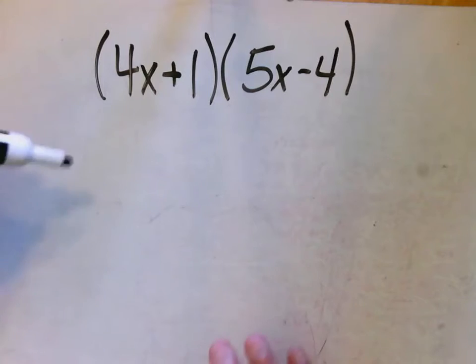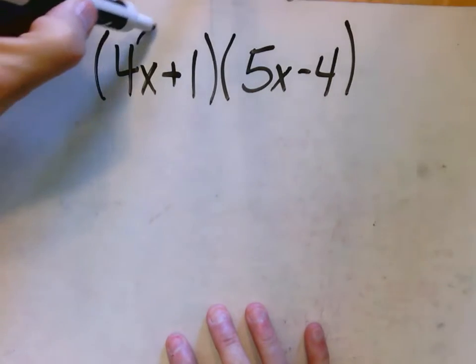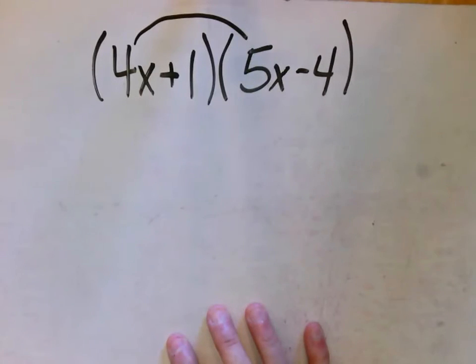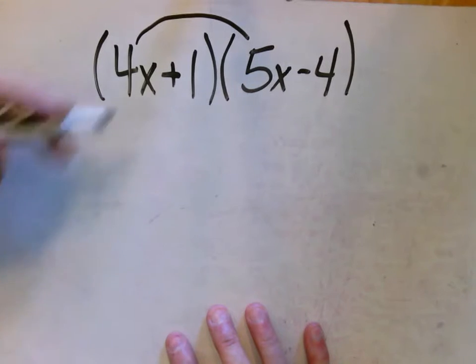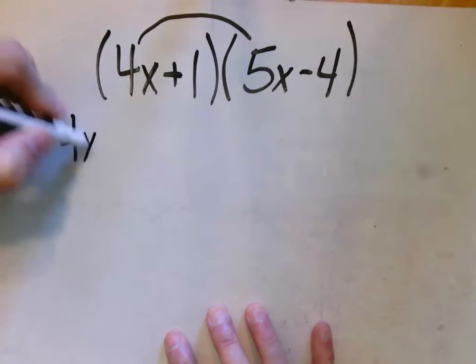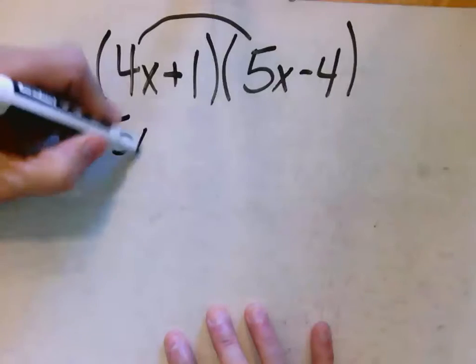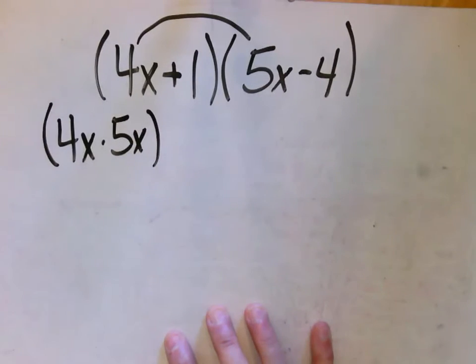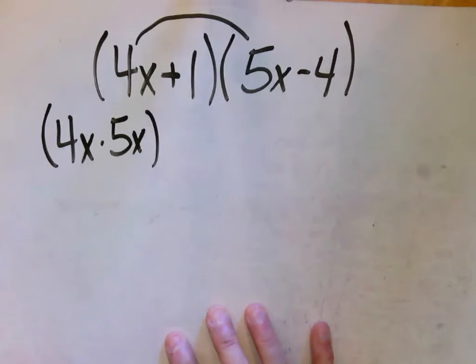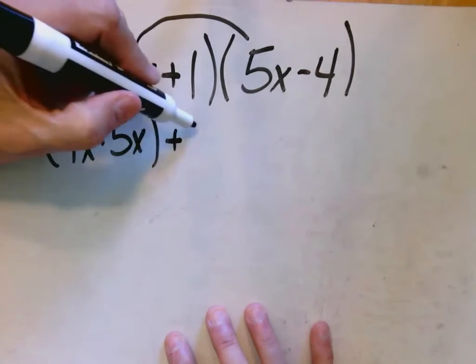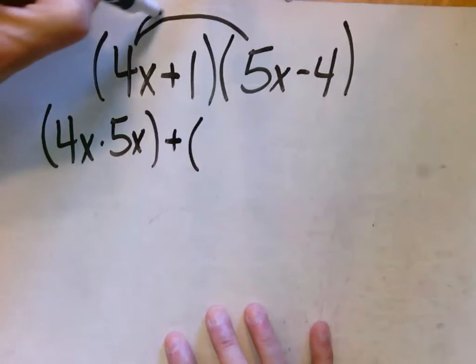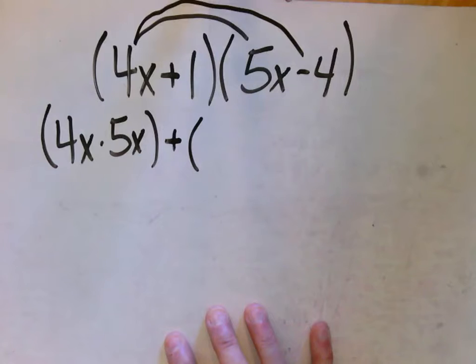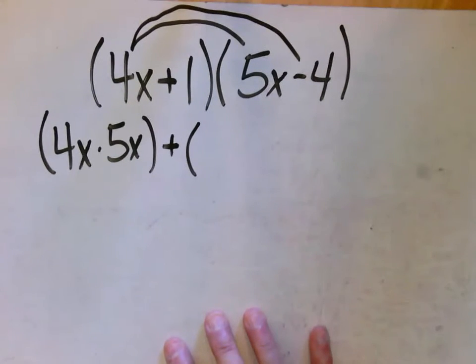Okay? So just like before, we multiply these 2 terms together. 4x times 5x. I'm going to do 4x times negative 4.